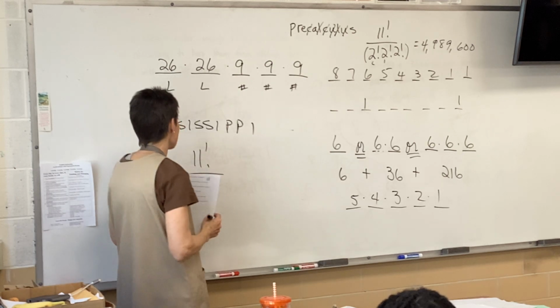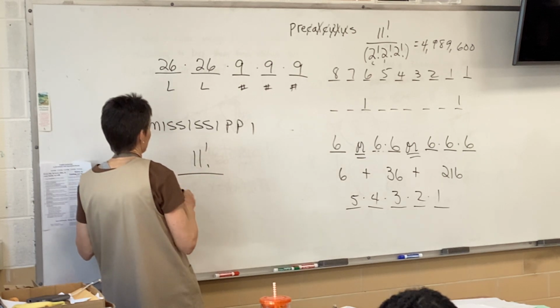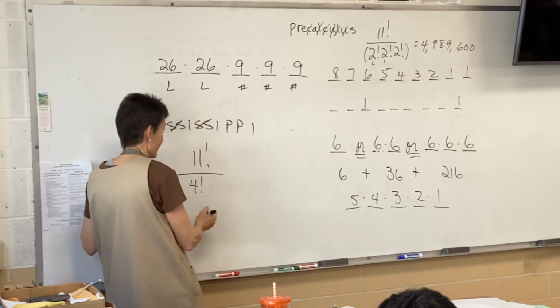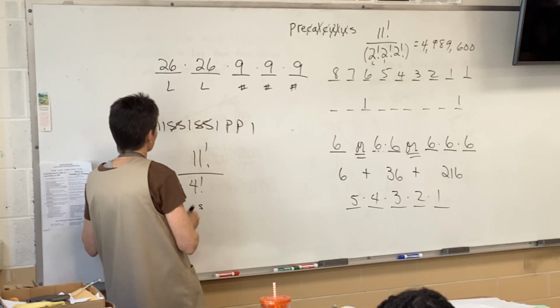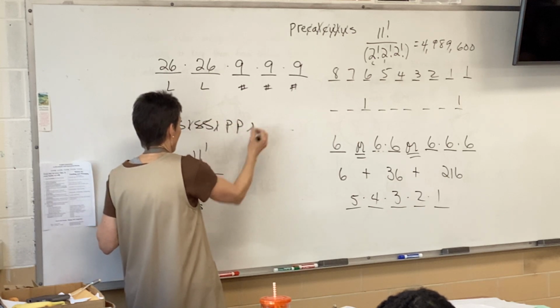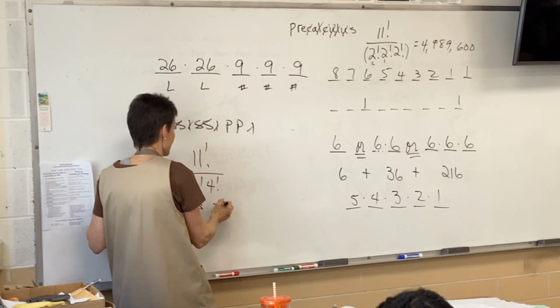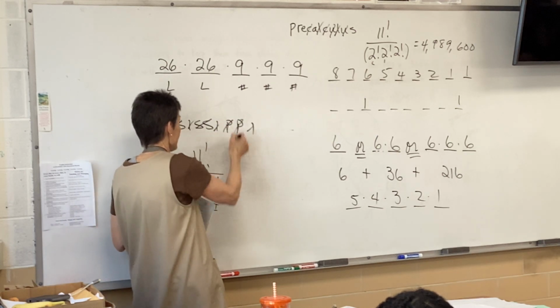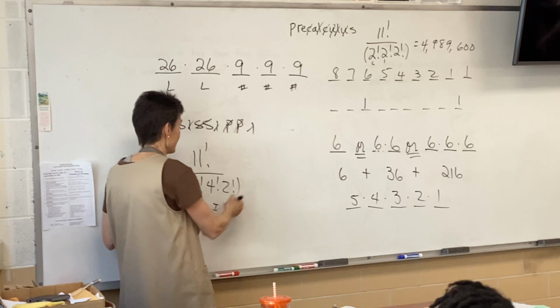Now, what do we have this time in terms of duplicates? 4 S's, so divide by 4 factorial, that takes care of the S's. 4 I's, 1, 2, 3, 4 I's, that takes care of the I's. It's another 4 factorial, don't forget the factorial. 2 P's, a 2 factorial. Now we're going to type that in.